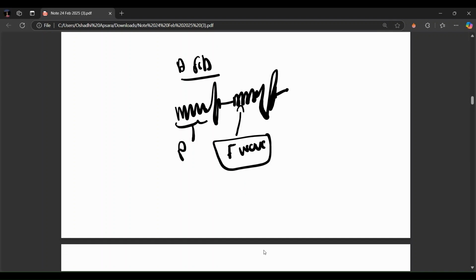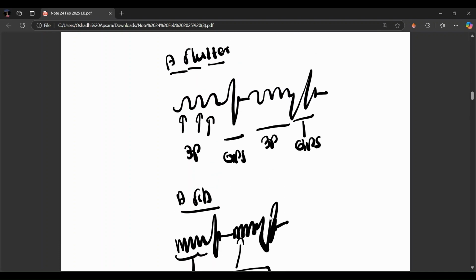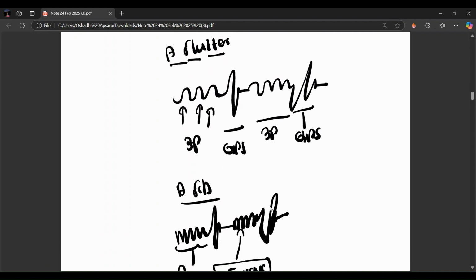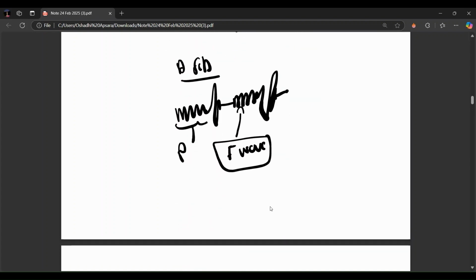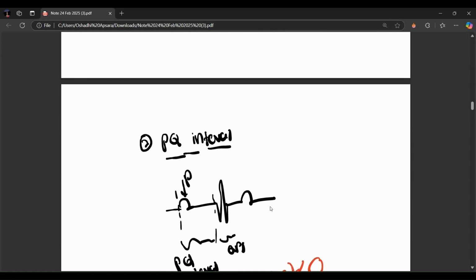So it is AFib. As you know, when you see a flutter or a fibrillation, you have to intervene immediately, because the main reason for death in ischemic heart disease is not the problem itself, but arrhythmias and cardiac arrest.